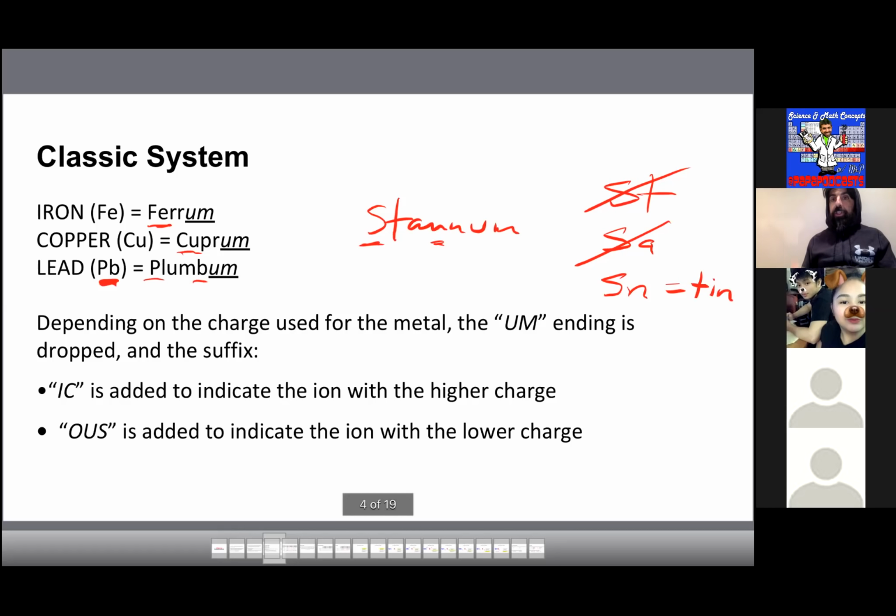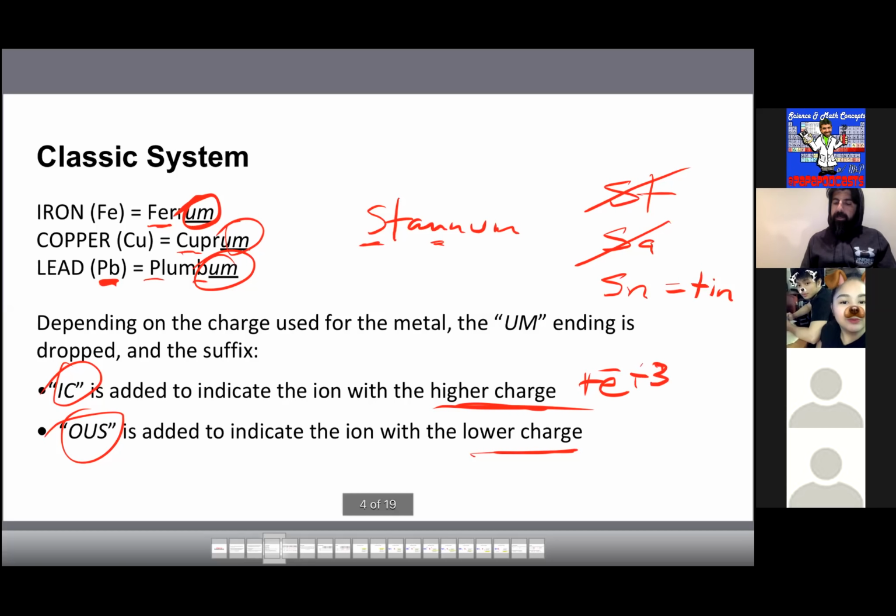So this UM ending, we never use it in naming. In fact, we drop this UM ending in favor of IC if we are using the higher of the two charges, or the higher of the two oxidation numbers, and we use OUS if we're using the lower charge. So take, for example, the higher charge for iron is Fe +3. There we go.